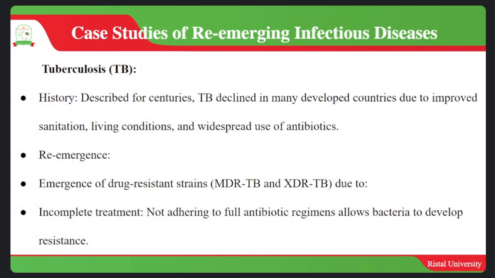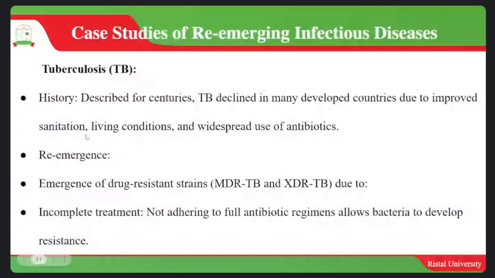So tuberculosis is an example of the re-emerging infectious diseases. Its history has been described back in the centuries, where it is said to have declined in many developed countries due to the improved sanitation, living conditions, and widespread use of antibiotics.